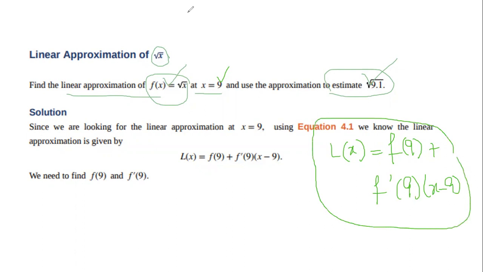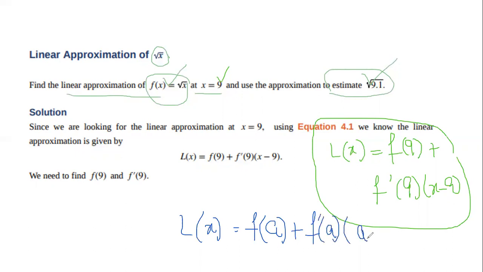Again, I will write the general formula here. If the point is a, then L of x equals f of a plus f derivative of a times x minus a.